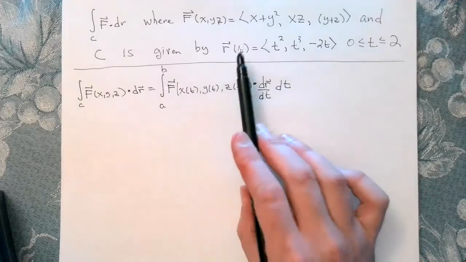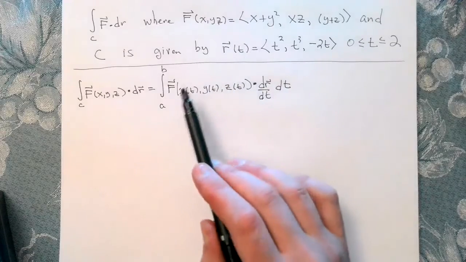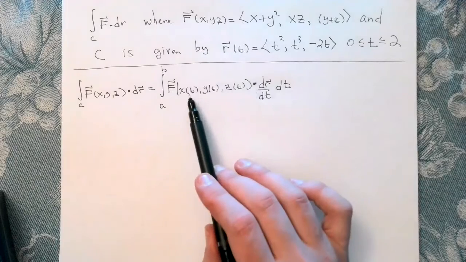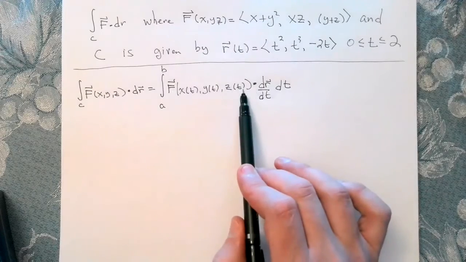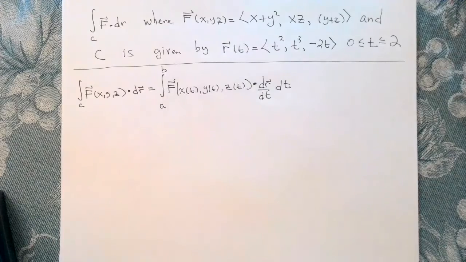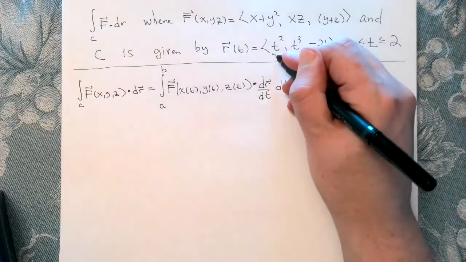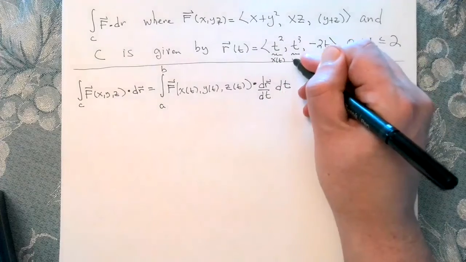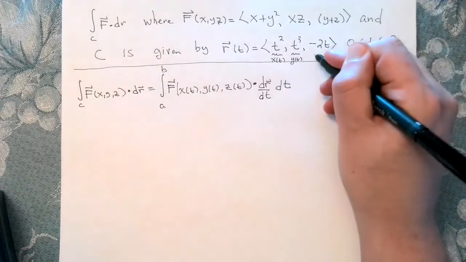This is the function that's describing the curve. And again, by evaluating our vector field at x of t, y of t, z of t, we only consider how much of the vector field is acting on the curve. Just to make this clear, this is x of t, this is y of t, and this is z of t.